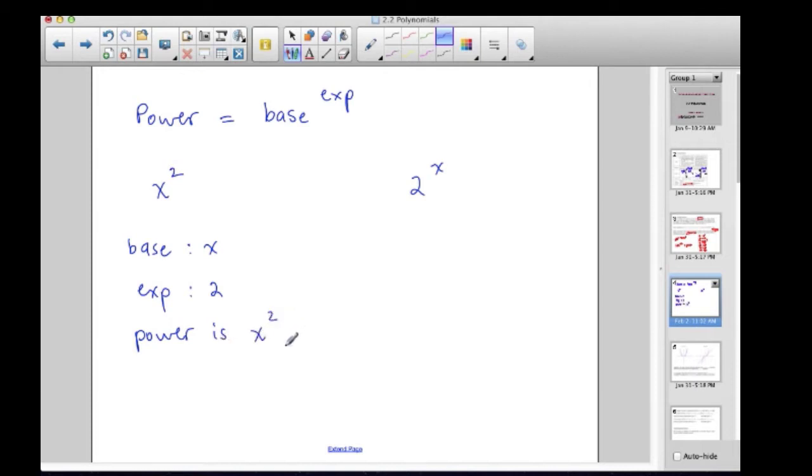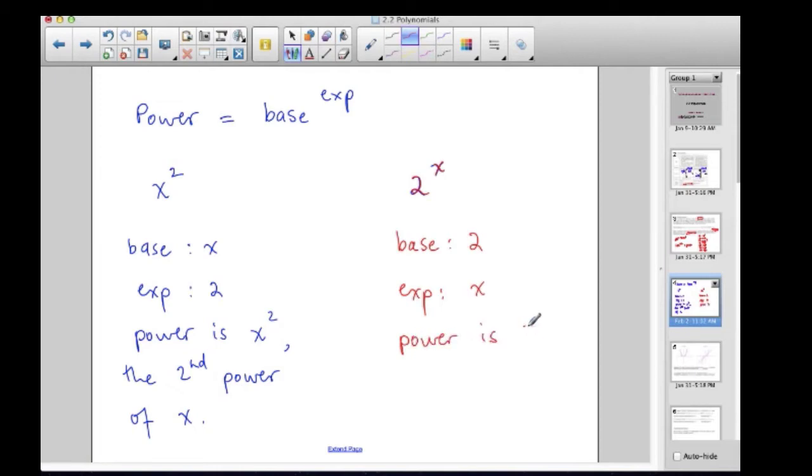We call this the second power of x. This does not say that the power is 2, it says that x squared is the power, and it's a power of x. Meanwhile, over here, with 2 to the x, the base is 2, the exponent is x, and we could still say that the power is 2 to the x.